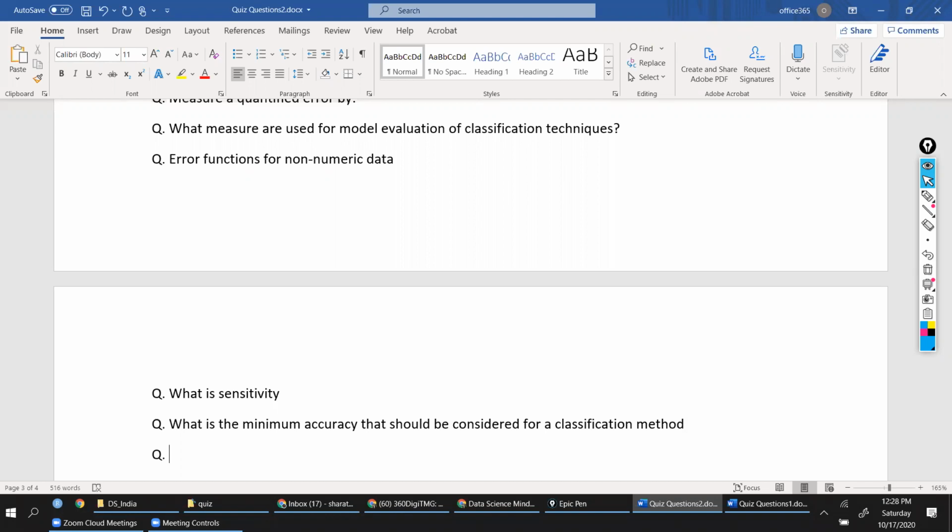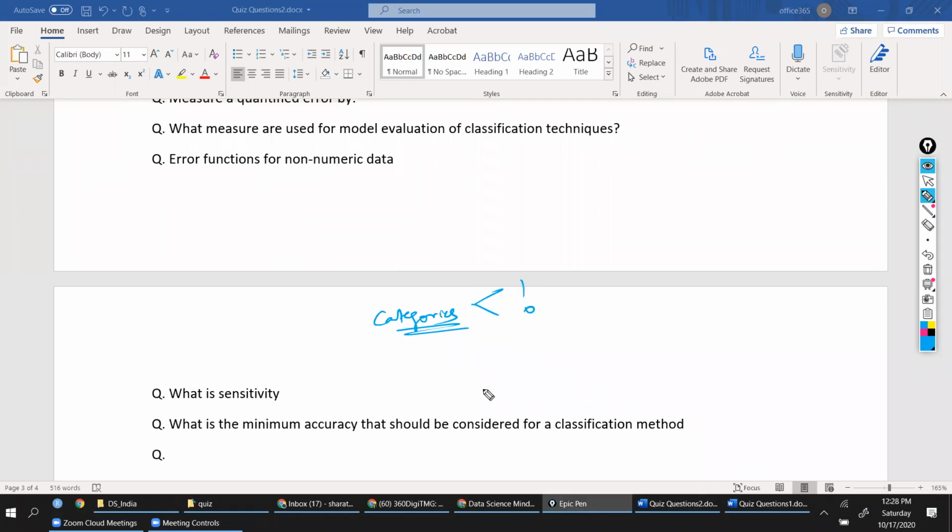Okay. The minimum percentage of accuracy that we need to consider is... So when you talk about classification techniques, we have different categories, right? If I take the confusion matrix, then we are talking about a binary category scenario. We're not talking about cross entropy, we're talking about binary cross entropy, the confusion matrix.